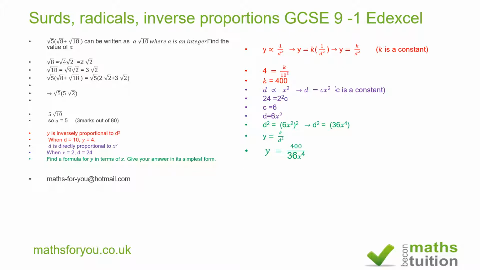We can divide 400 by 4 and 36 by 4. So we end up with y is equal to 100 divided by 9x to the power 4. And that's your answer. This question carries 5 marks in total.